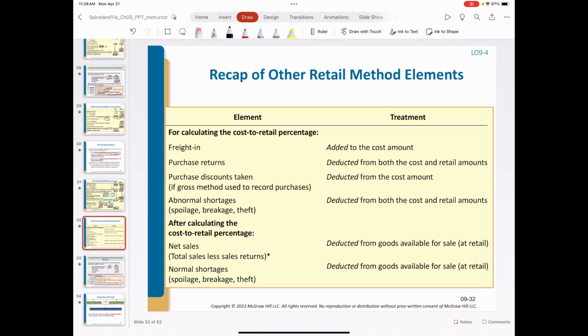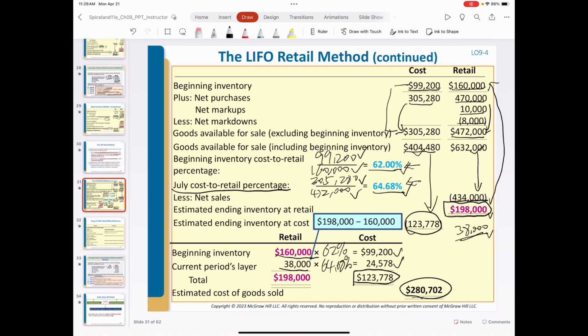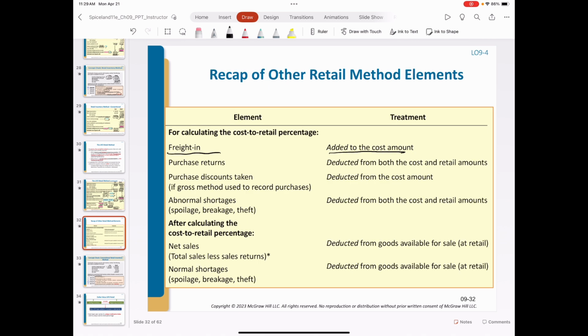There are also other elements or factors in the real world we should consider, and they will have an impact on the cost-to-retail percentage. For example, freight-in only has an impact on the cost, so this information is only an input in the cost column. Purchase returns have an impact on both cost and retail.